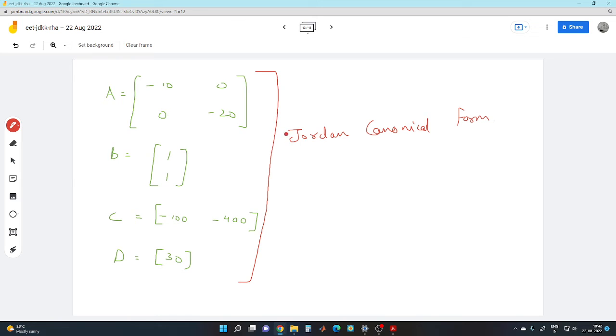So if we remember, there was this discussion during class lectures that we need to figure out if the system is controllable. We need to check the controllability of the structure of the system.